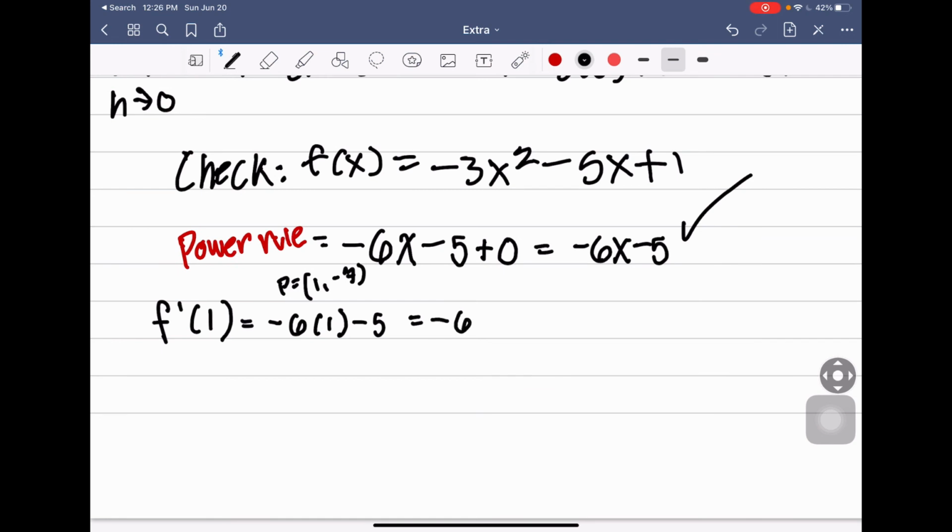Negative 6 minus 5, and we have that equal to negative 11. So the slope of the line tangent to f of x equals negative 3x squared minus 5x plus 1 at the point 1, negative 7 is negative 11.